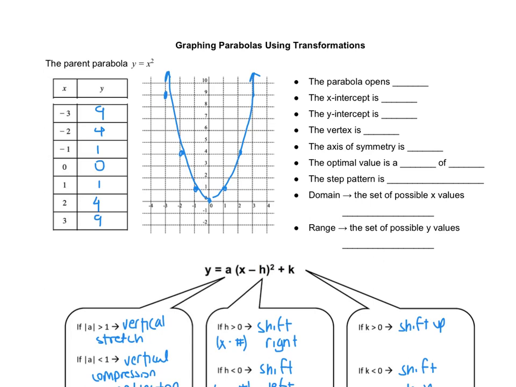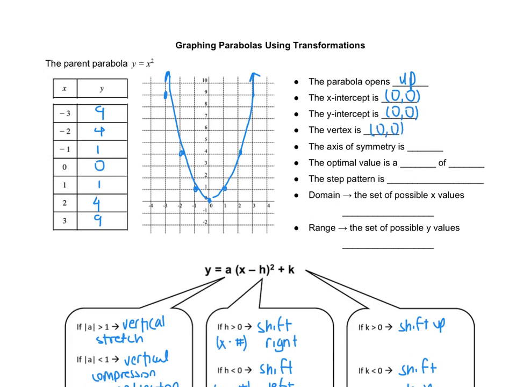And now let's just list our properties for this parabola. The first one is that the parabola opens up. And we already know that if the a value is negative, then our parabola is opening down because we actually have a reflection. The x-intercept of this parabola is at the origin, and so is the y-intercept, and so is the vertex.